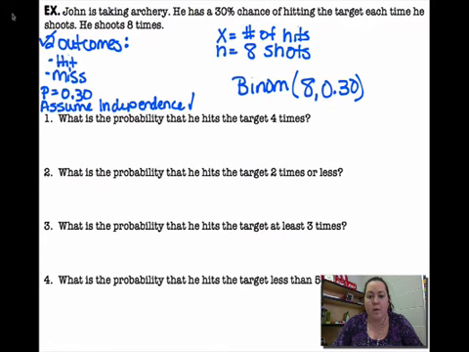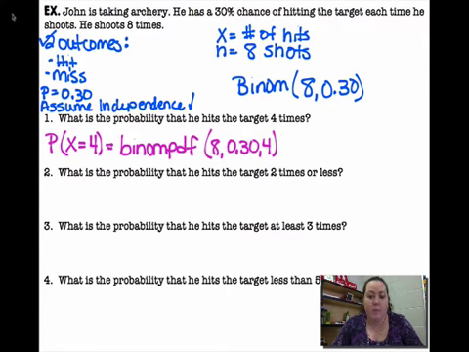What is the probability that he hits the target 4 times? So exactly 4. So that means my X value is equal to 4. So I'm going to do a binomial PDF, and I'm going to do 8, then 30%, and then exactly 4, PDF, because I'm looking at that precise value, and I get 0.2541.